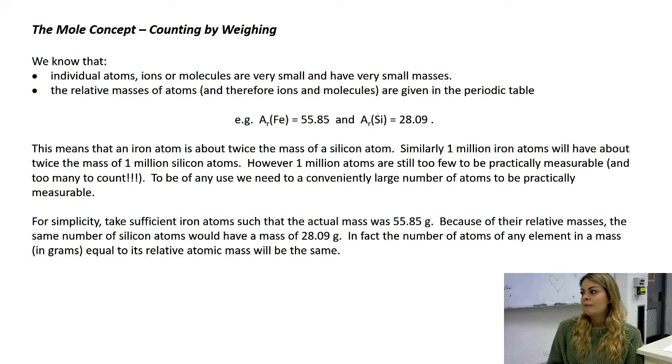So if we're talking about 12 grams of carbon, we don't want to say how many atoms of carbon are in there because it's just massive. So instead we say how many moles of carbon are in 12 grams of carbon, which turns out to be 1 mole, which is exciting.